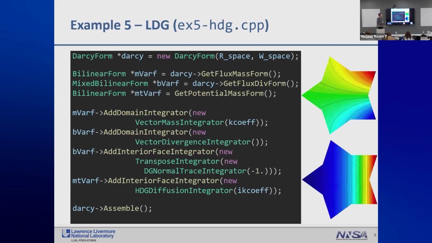Okay, so this is again the Darcy problem with HDG. So nearly the same code. What is new here? We have those face integrators here. The value with a normal trace integrator, and for the stabilization term, we have an HDG diffusion integrator.